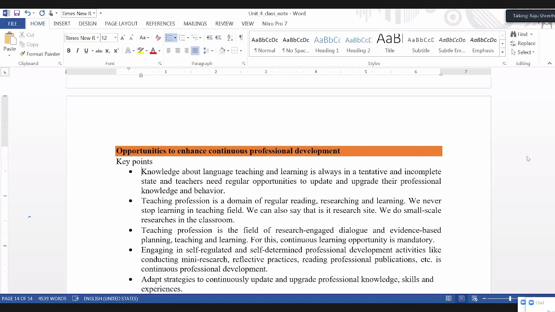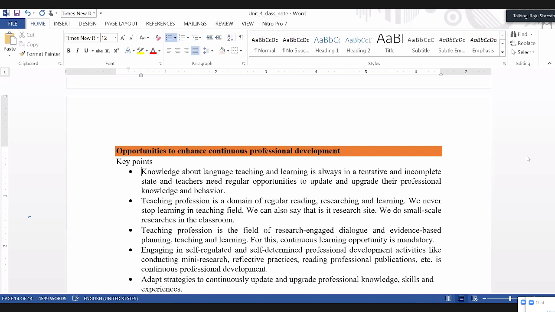So we cannot be sure that a particular theory, approach, method, technique, text, task, activity, or exercise works better in a particular situation. We are not sure because every classroom is diverse, multiple, heterogeneous, and complex.